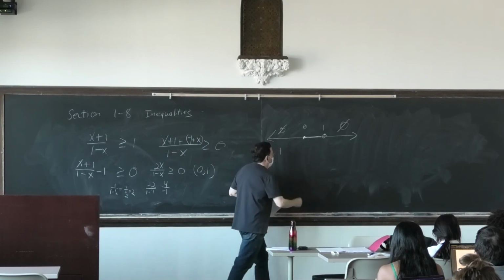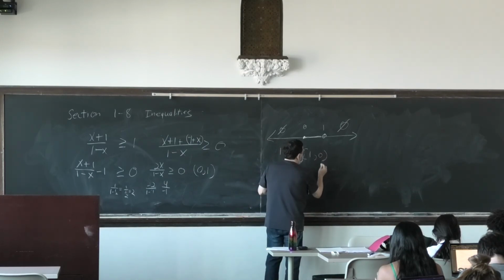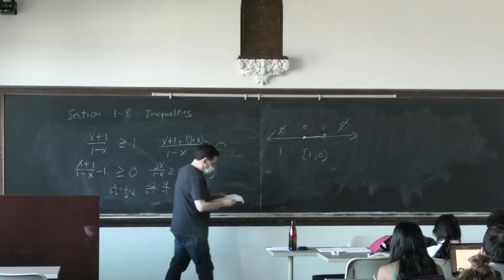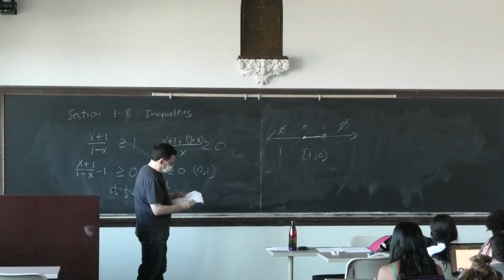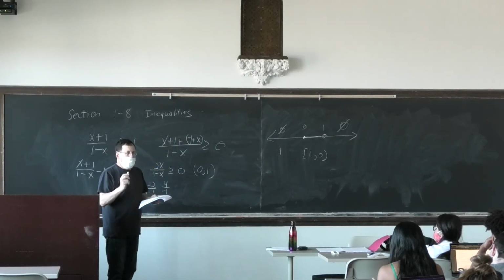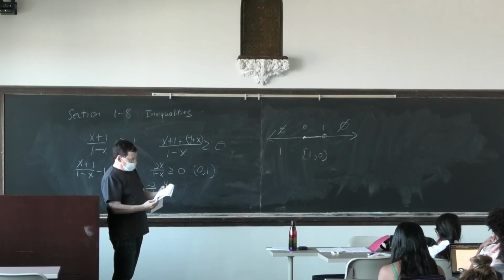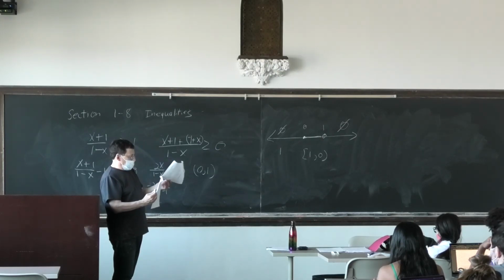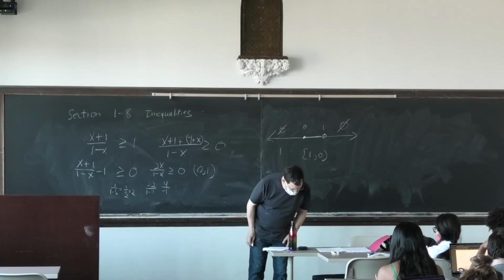So the correct region is from 0 to 1, including 0 but not 1. All right. I'm going to have to go figure out what I did wrong with that problem. All right, we've done enough for today.